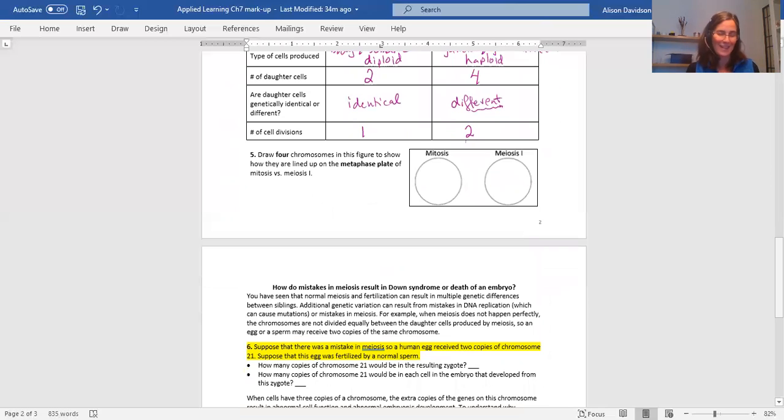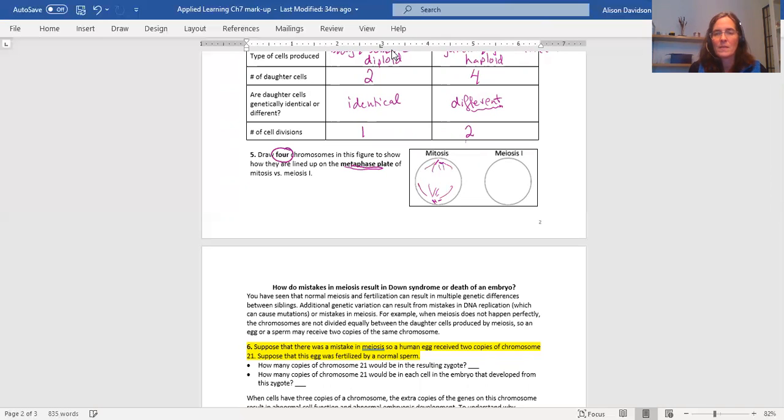However, this next diagram seems to have caused some problems this quarter. I want you to draw 4 chromosomes and show how they are lined up on the metaphase plate of both mitosis and meiosis 1. So in mitosis, I'm going to put my centrosomes here. This is going to be my spindle.